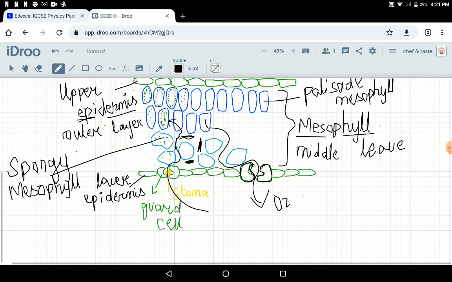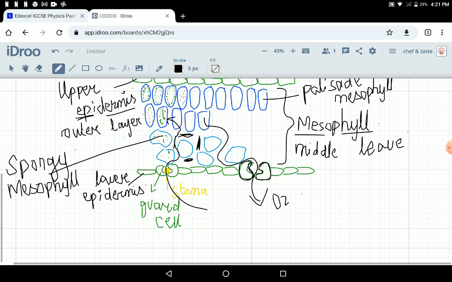Usually during night time, when there is no sunlight, as the stomata are very sensitive to sunlight, they will be closed, and there will be no entry of carbon dioxide. That's why during night time the carbon dioxide will not enter.